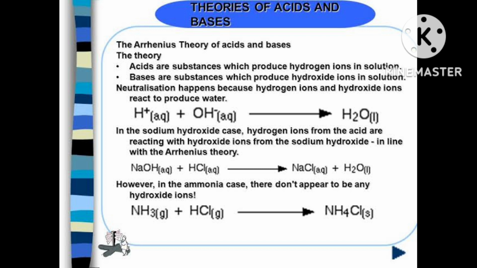Then see here, HCl donated a hydrogen proton, that's why it is an acid. Then Cl- is remaining, the chloride ion, and it will be a base, a weak base, the conjugate base.